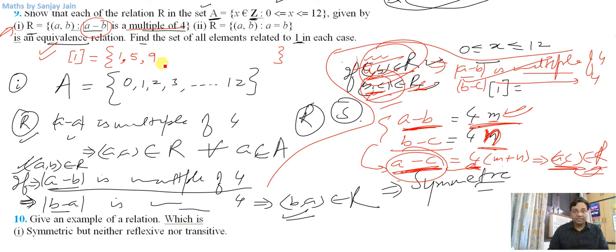So 9 will be there. After this 13 would be there, but 13 is not in this set. So this is the equivalence class of 1, or these are the elements to which 1 is related under this relation. Okay, so let us move to the second part.